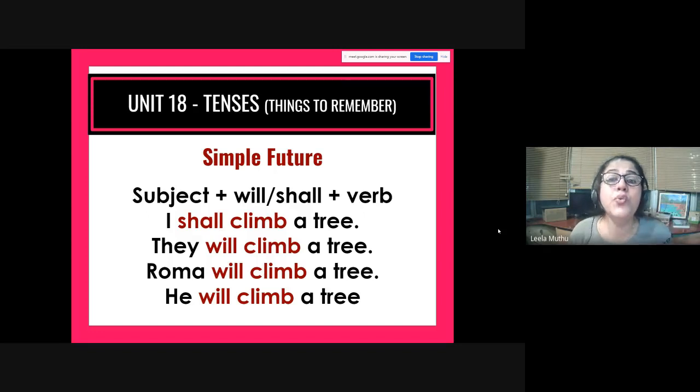You will climb a tree. He, she, or it will climb a tree. We shall climb a tree. You all will climb a tree, and they will climb a tree. So for I or we you use shall, but all the other subjects you use will. I and we use shall. Don't forget this, children.